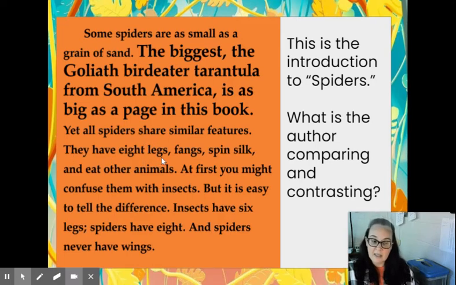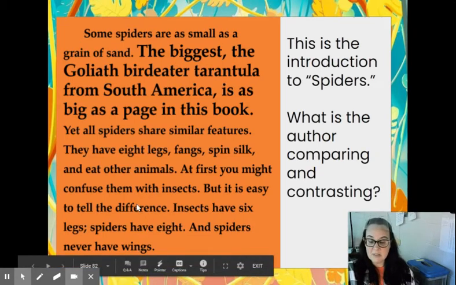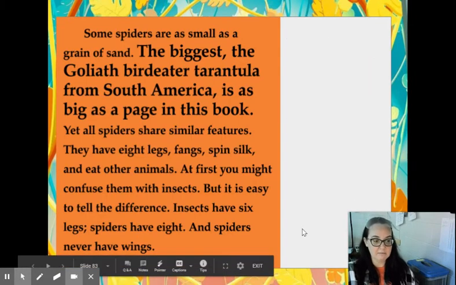They all have 8 legs, fangs, spin silk, and eat other animals. In this first paragraph, the author also included a smaller compare and contrast section. He talked about the differences between spiders and insects to give you a little more information.